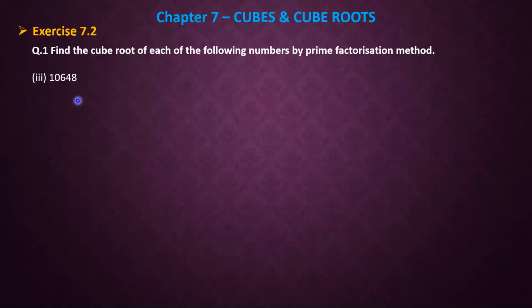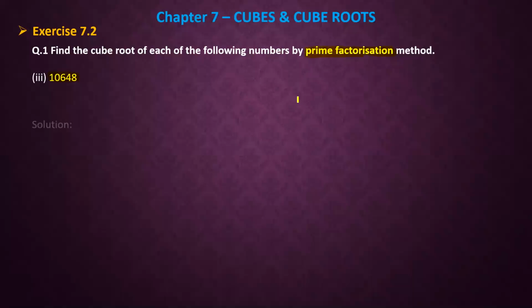10,648, and we are going to find the cube root of this number 10,648, and for that purpose we are going to use the prime factorization method. That means we are going to use the prime factors like 2, 3, 5, 7, 11, like this.